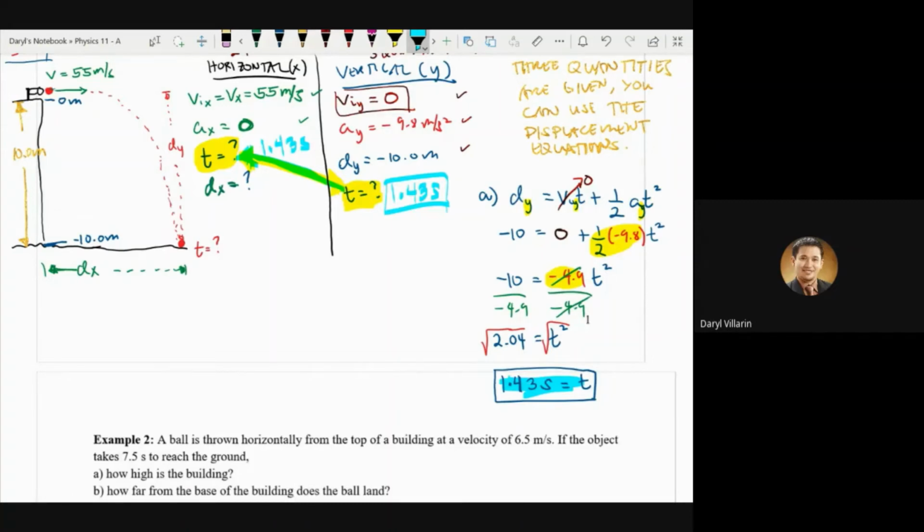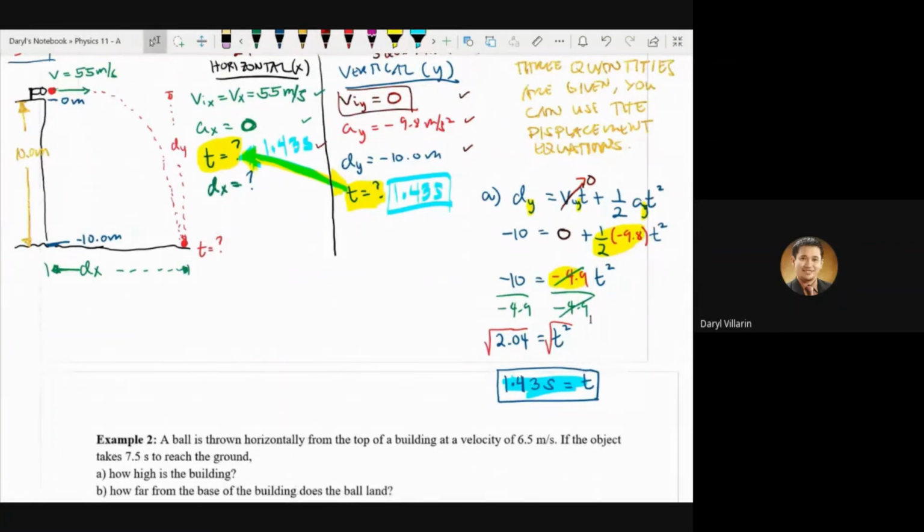Now, with the additional information of the time, I now have three of the quantities known, and I want to solve for dx. This is now talking about dx, the x component of my projectile motion. For dx, I'm given the time, acceleration is 0, and vix, the velocity along x, doesn't change.